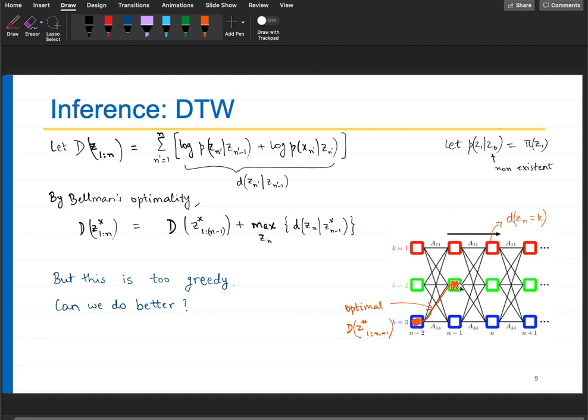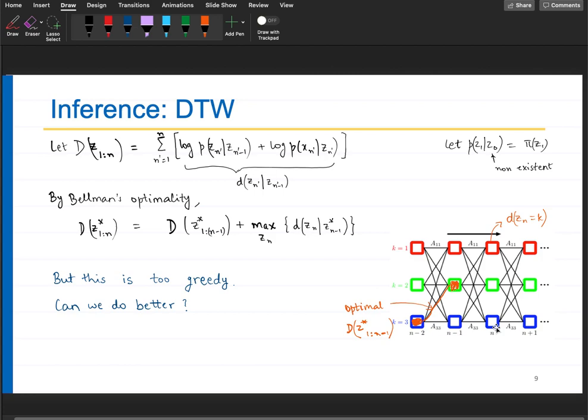Now I will find the best path to reach this node. It can come from here or here or here. Whichever is the least, I will take that one, and in this way I will reach this node. Again, I have three possibilities. I will consider all of them, whichever is the minimum, and similarly I will reach this node. And I will save all these three costs.